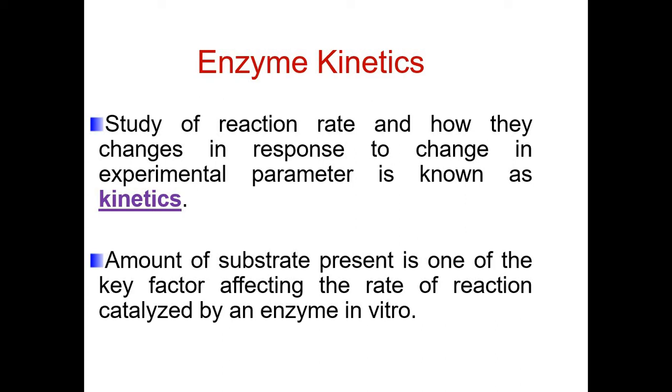The amount of substrate present is one of the key factors affecting the rate of reaction catalyzed by an enzyme in vitro. If you have a lot of substrate, of course, it could be good for the enzyme or it could be bad for the enzyme. So the amount of substrate is a factor on the rate of the reaction.